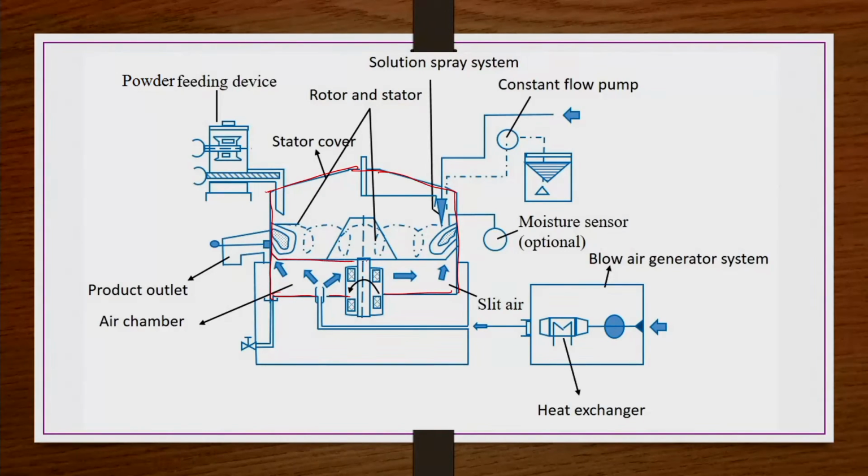We have a separate section for the air also, because if you want to dry these granules within the centrifugal granulator, it has a vertical rotor, something like this. So here we have a bottom driven rotor. It can be a top driven rotor also.